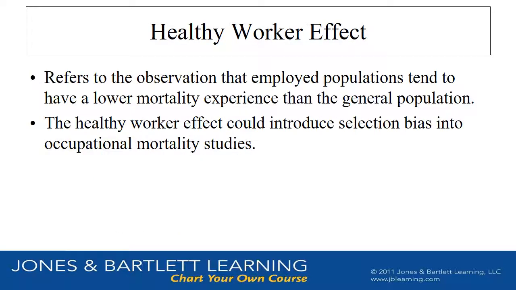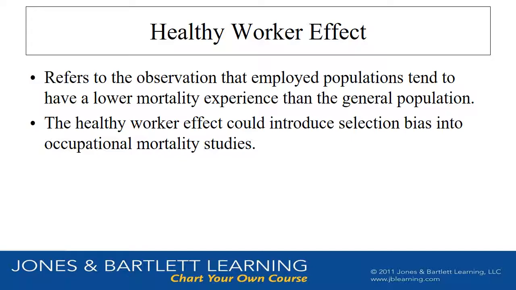One is the healthy worker effect. And this is the observation that people employed tend to have a lower mortality experience than the general population. In this case, if we were studying an exposure focused on people employed, even in a specific hazardous industry setting, we might underestimate the impact of the exposure on the general population.